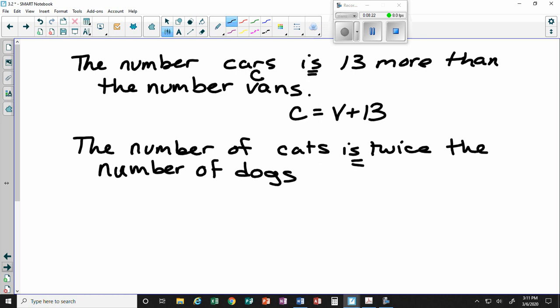Because of the is here, whatever you have is, put the equal sign. Cats equals 2 times d. So now when you get that, think about it. To get the number of cats, I have to take the dogs and multiply by 2. The number of cats would be twice the number of dogs. Those are the types of relationships. If they have less than, you would be using subtraction. So that's another type of equation you might get.